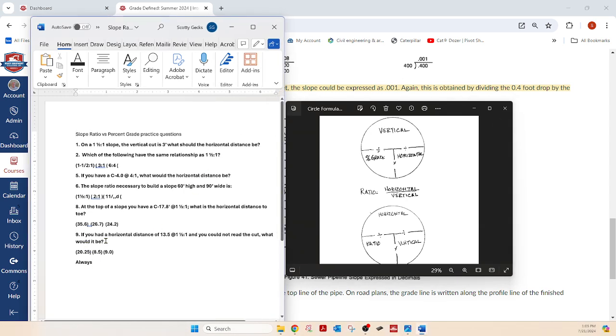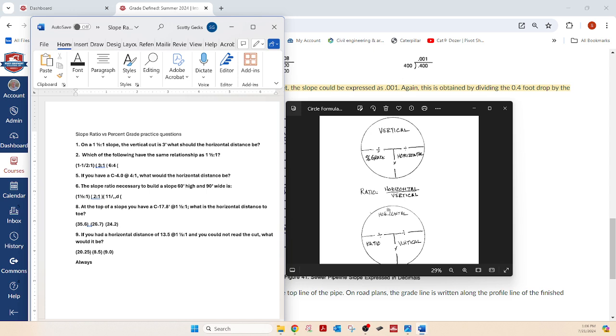If you had a horizontal distance of 13 and a half at a 1.5 to 1 slope ratio, and you could not read the cut, what would it be? Okay, so we don't know what the vertical is, but we know that the ratio is 1.5, and we know that the horizontal is 13 and a half.